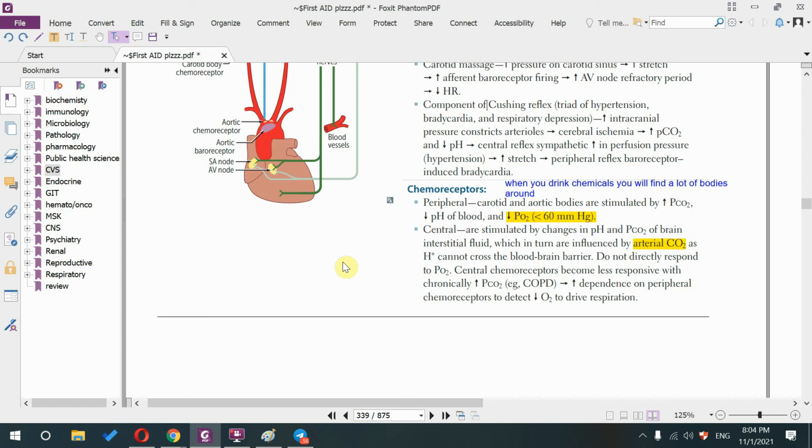The increase in the CO2. So think about it, guys. If you are in really bad shape, your CO2 is really bad, you need to improve respiration, correct? You also have to improve what? You have to improve the pH of the blood.